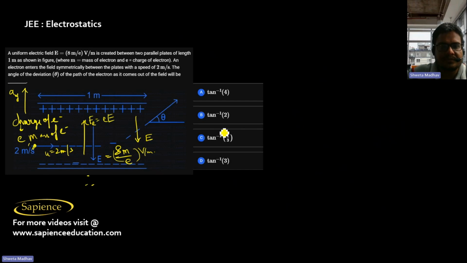Now the acceleration is acting only along the y-axis, and along the x-axis there is no acceleration. So the velocity along the x-axis will be constant, which is v cos theta, equal to u, and v sin theta, the y component of the velocity, will be equal to ay into t.